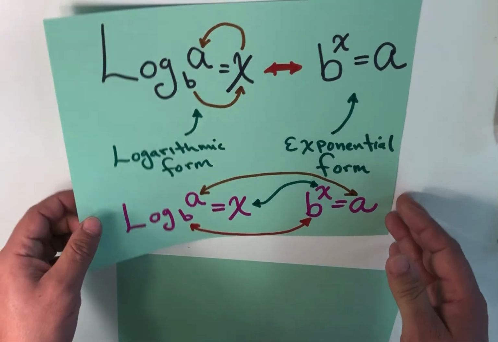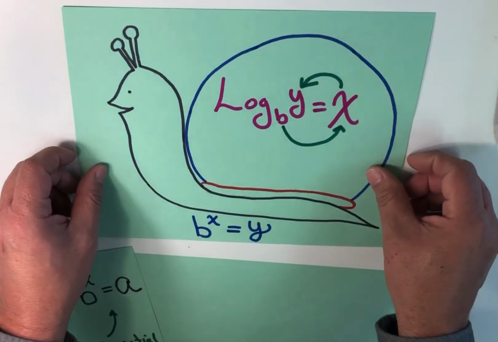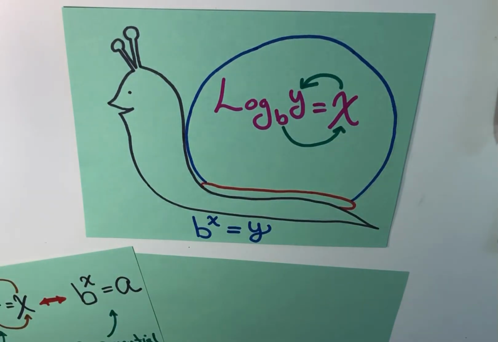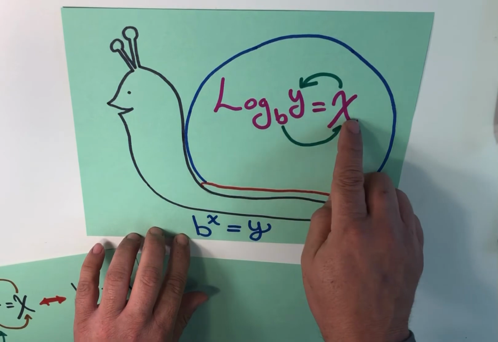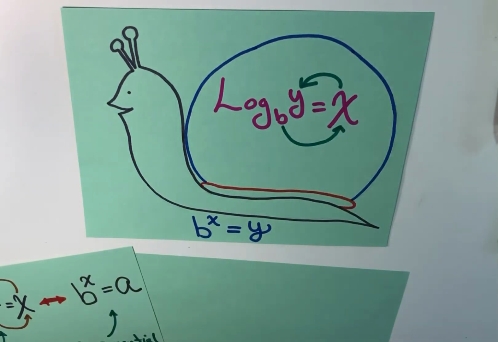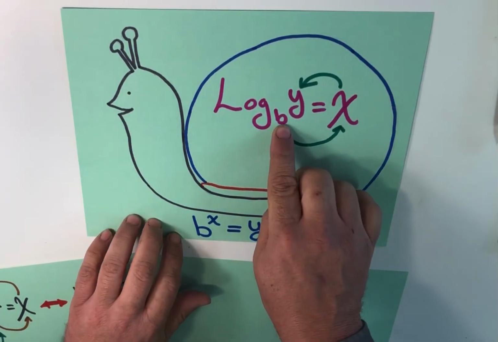You might also be able to see it based upon this little friend here. So this is my friend the snail. And it's going to remind you that whenever you have one log, you're going to rotate. This is said log base b of y is equal to x. So if you want to turn this into exponential, all you got to do is start with a base. As usual, we pick on the little guys, so we're going to start with a little base, and we're going to rotate.